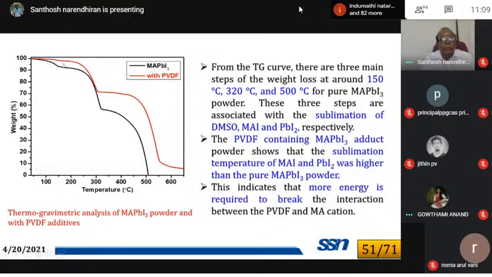So this PVDF addition just ensures that there is no moisture getting into that, and so the stability is enhanced.